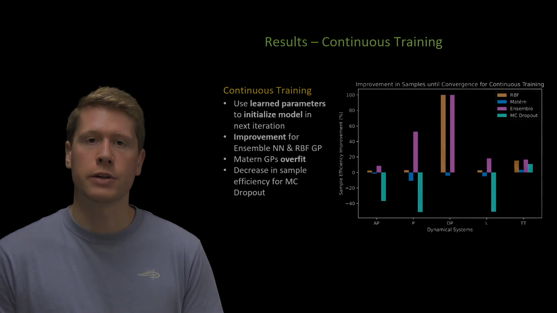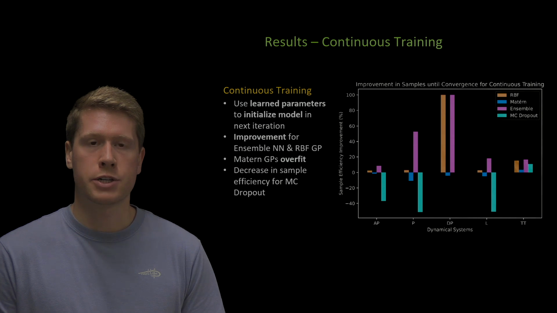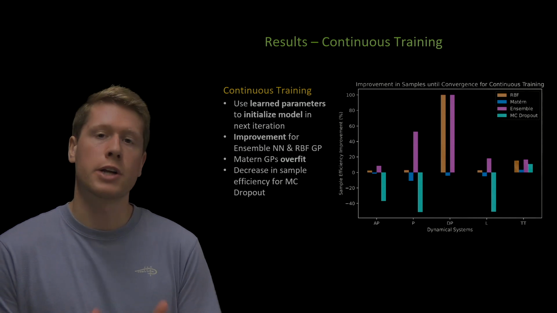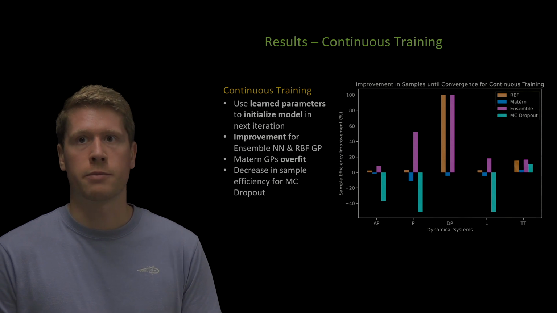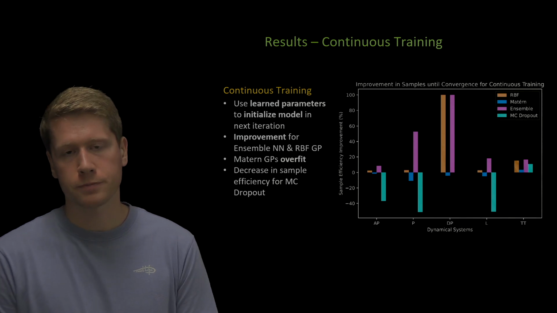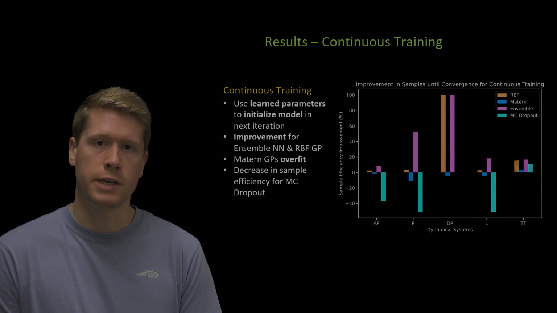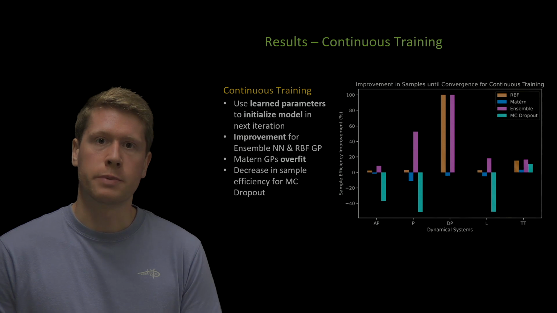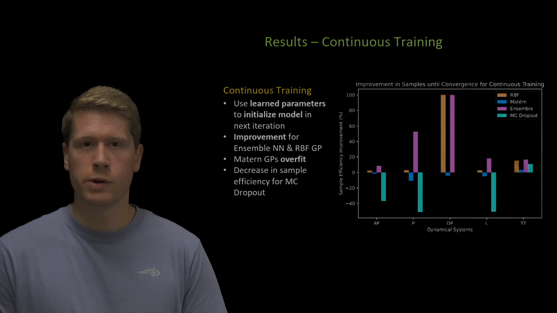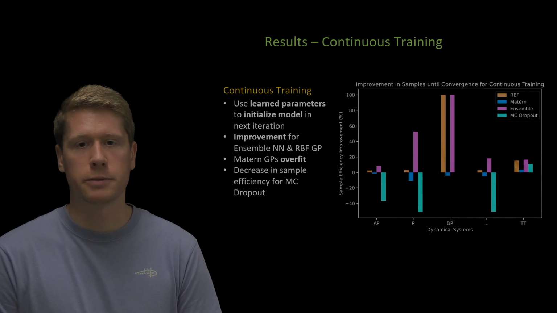For the RBF kernels, we were able to find a better representation which still generalizes well by employing continuous training, whereas for the Matern kernel models, we've overfitted for most of our systems. For the Monte Carlo dropout neural networks, we also saw a decrease in performance. Those models were not working well to begin with, so we were initializing our models with bad solutions, which didn't seem to help.